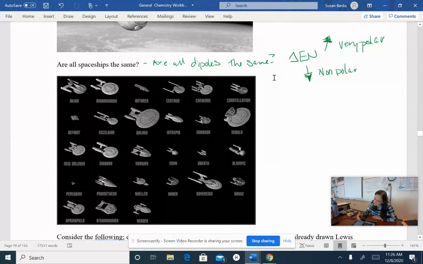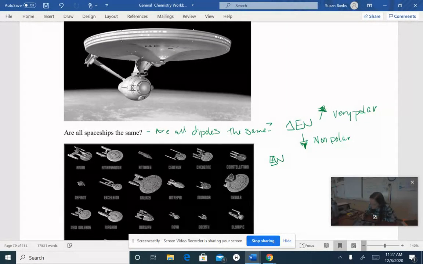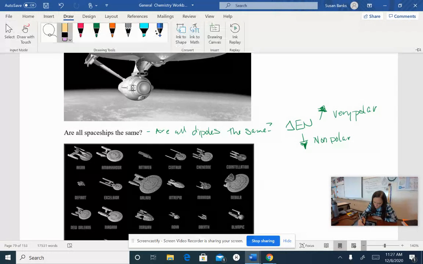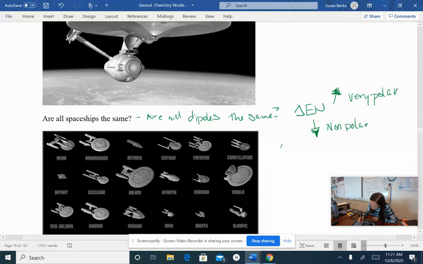So we are going to use the same scale. If I have a difference of electronegativity that is less than 0.4, so there's not that much of a difference between atoms, this is going to be nonpolar.